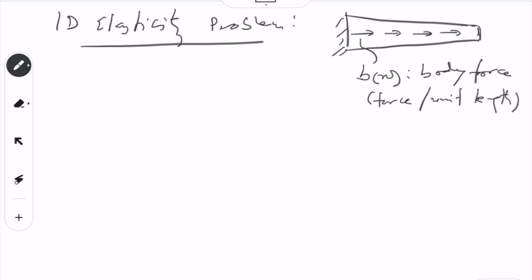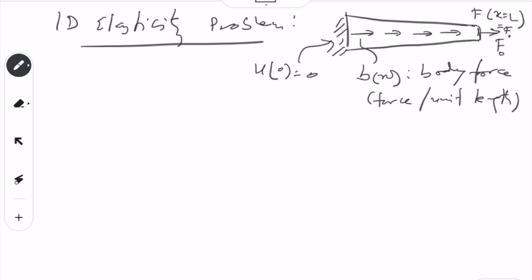Okay, and at the end also there could be a force, right, and at x equal to 0 or anywhere there could be a boundary condition as well. So here we have u(0) equal to 0, and you have F at x equal to L is some F naught given, or is equal to F naught. Okay.